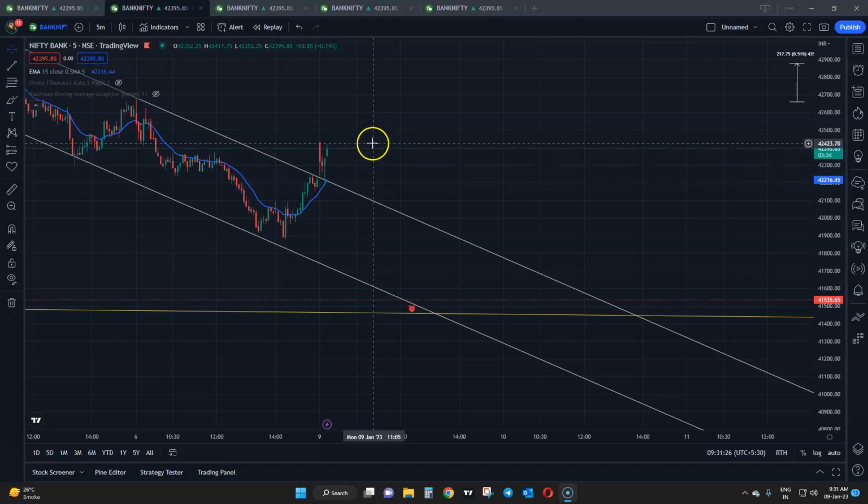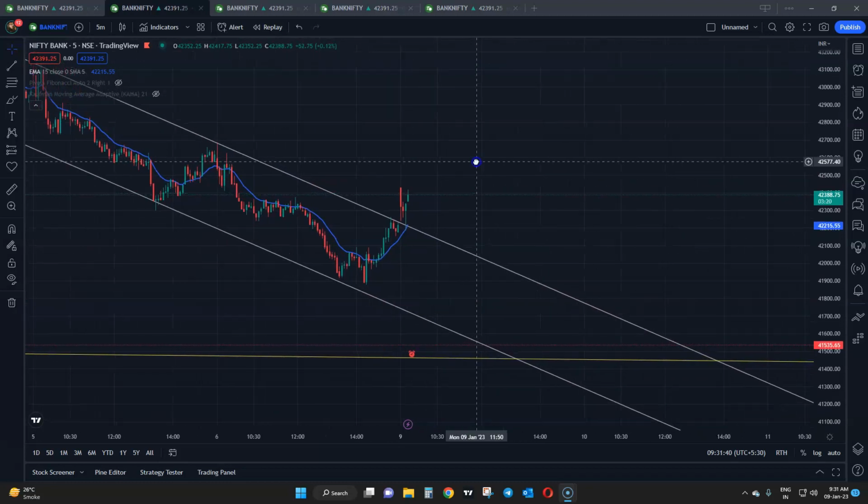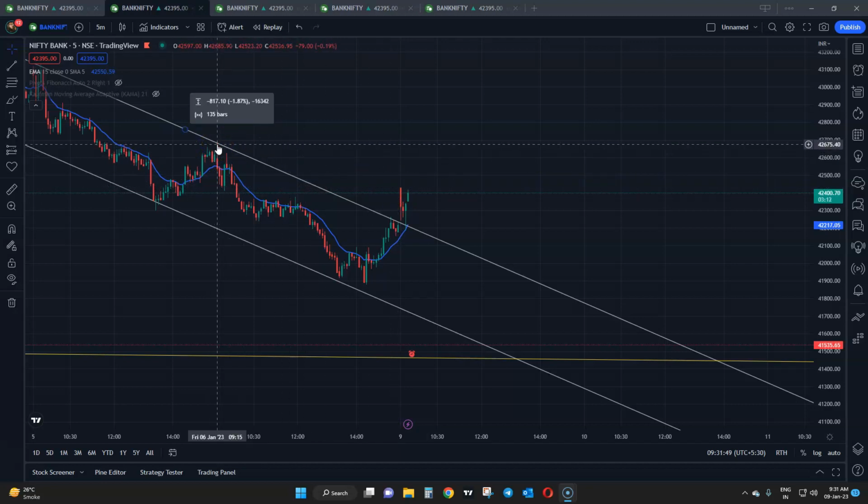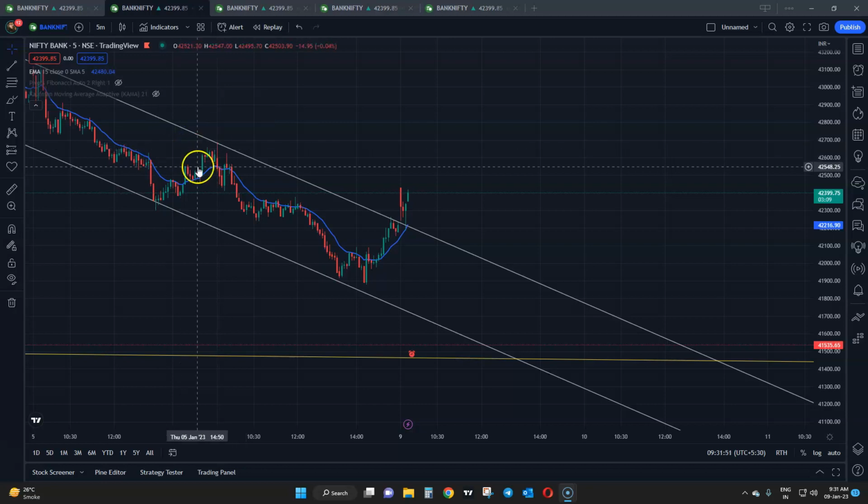Once this crosses this, there may be people who will have stops here. Entering in small quantities with a buyer, that would be good. So at least for the short term, the idea should be a buy here, a sell near about here. So we try that.